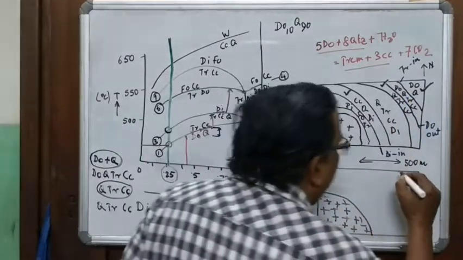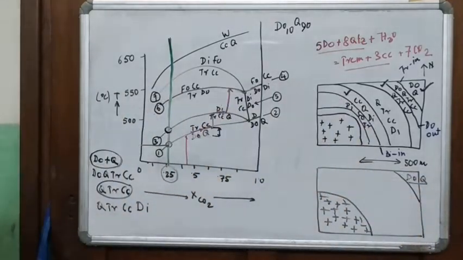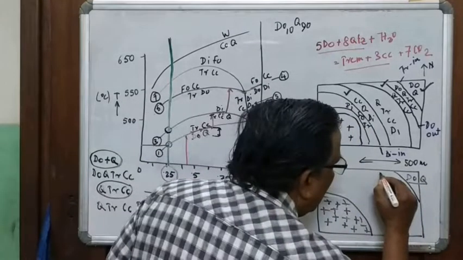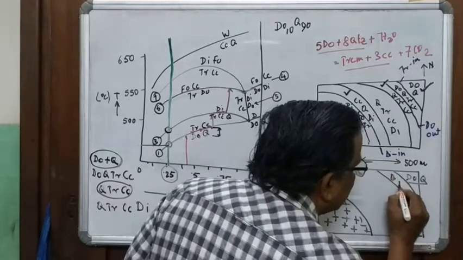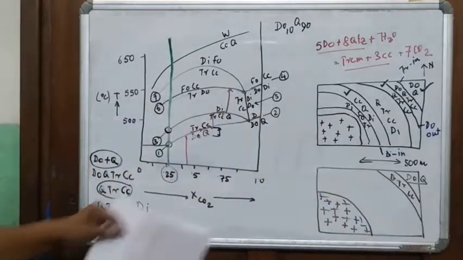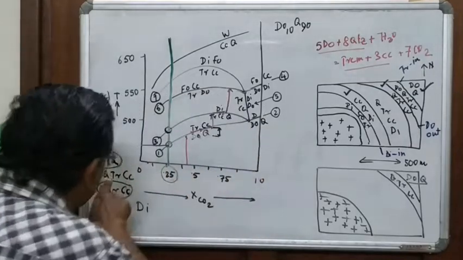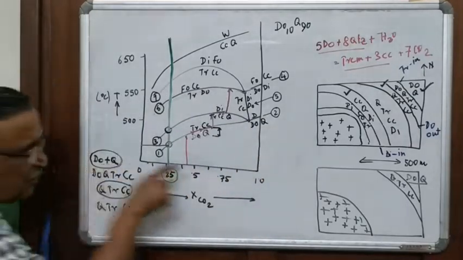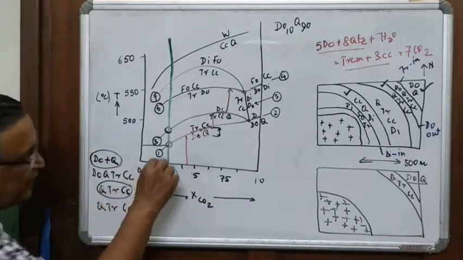So you will have this dolomite quartz field, and then you will have a quartz tremolite calcite field.